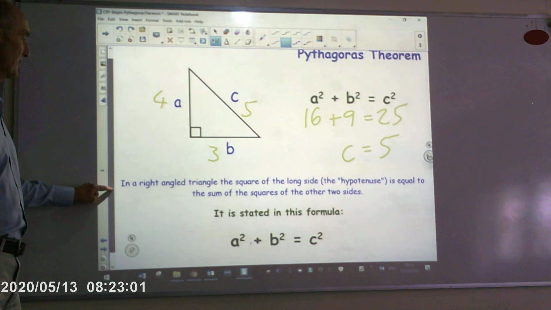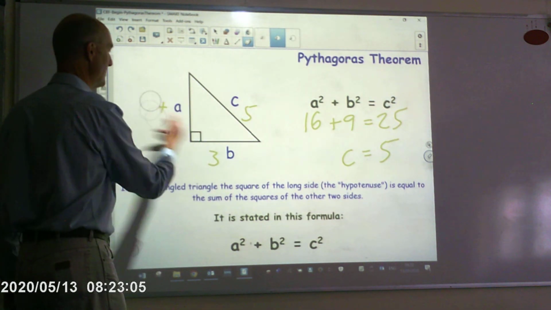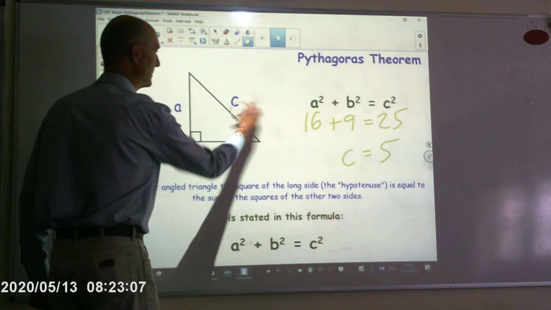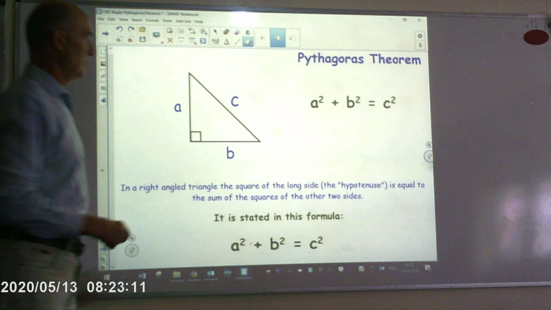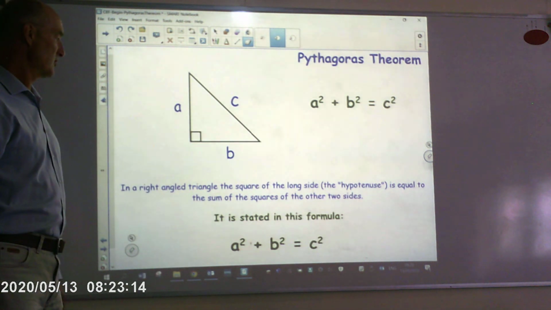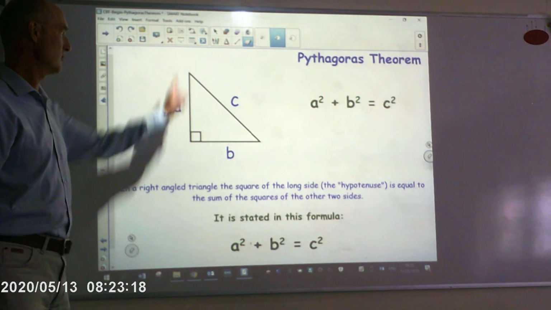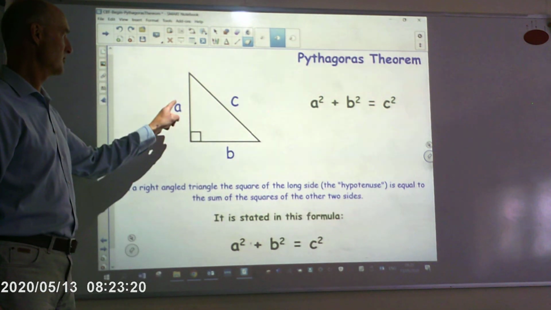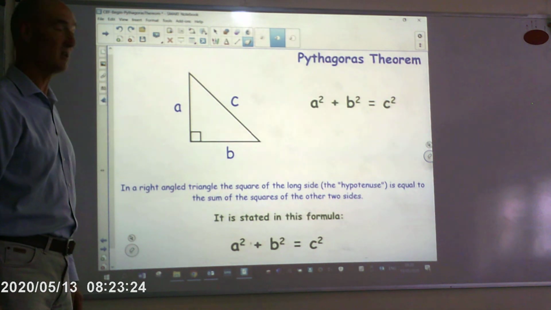So that is Pythagoras' theorem. That is what you need to know. Let's get rid of the stuff that I've written around there. A squared plus b squared equals c squared. Right angled triangle, square of the long side is equal to the square of the short sides when they're added together. And that's it, ladies and gents.